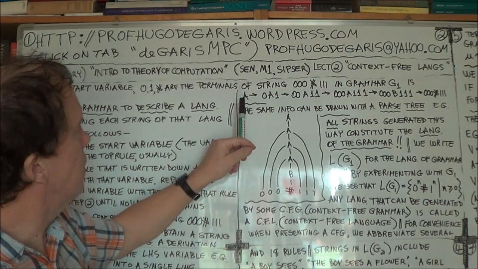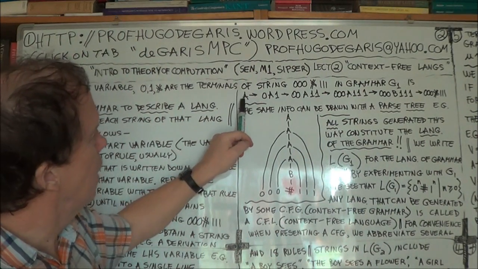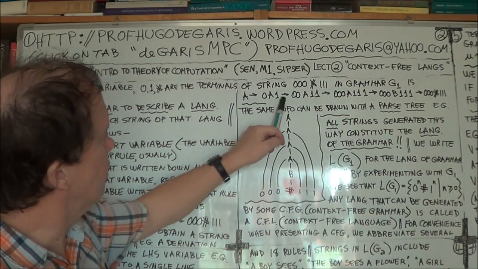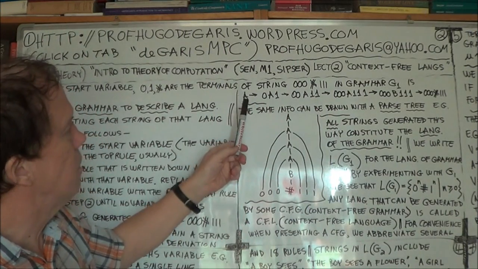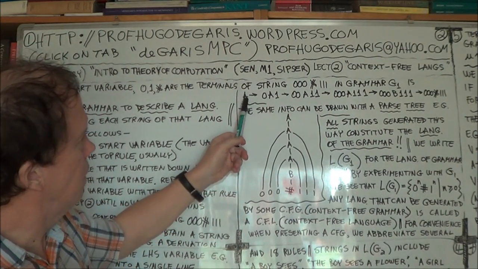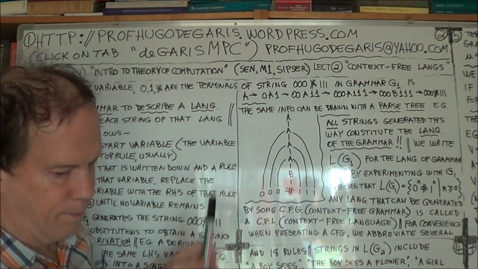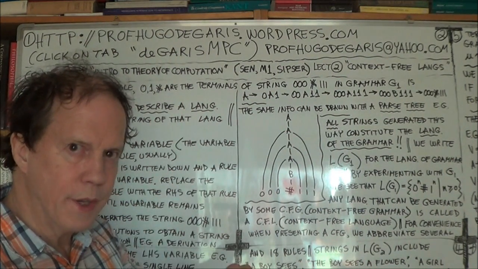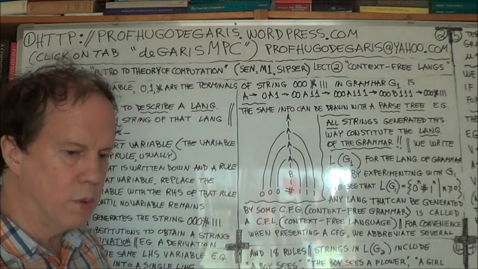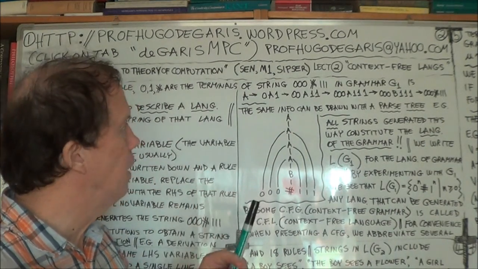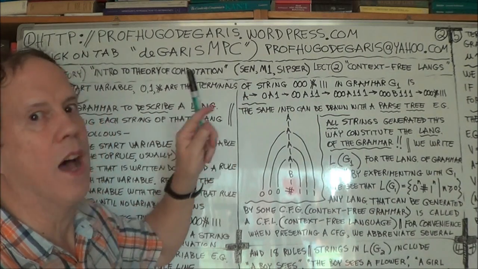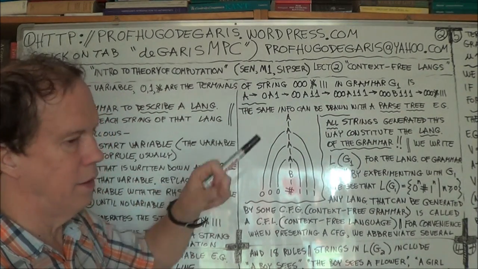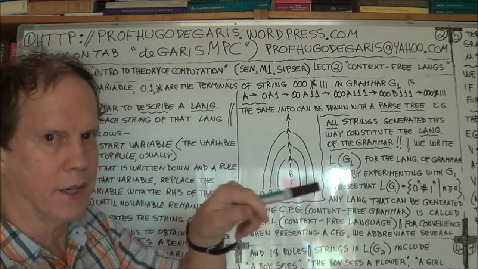Now, what are we doing here? This here is just one of the substitution rules. You start with the start variable, that's A. Then you look at the rules and find a rule whose left-hand side is the same as a variable you're looking at among the variables you've written down.